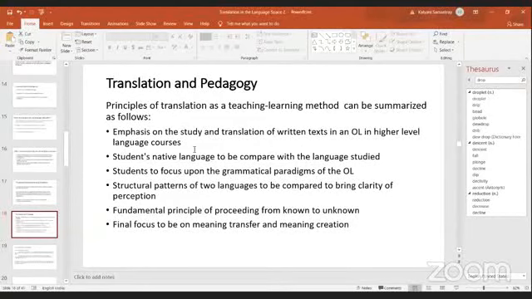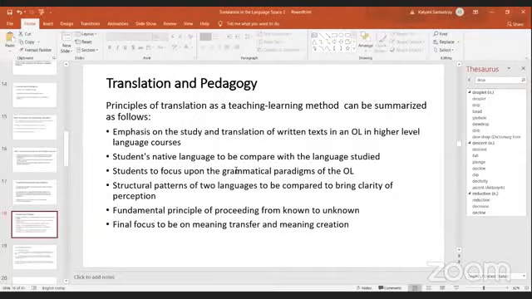If we use translation in the pedagogy as a teaching learning method, study and translation of written texts will need to be emphasized. Then there can be a comparative analysis of students' native language with the language studied, the language going to be acquired by the students.